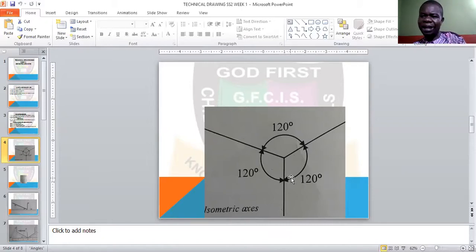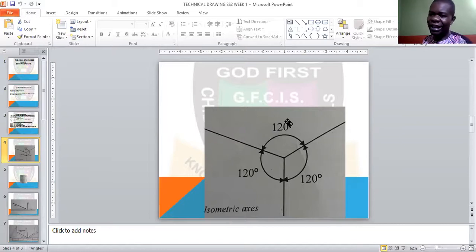Then 120 at the right plus 120 at the left will give you 240 degrees. If you take that away from angle at a point, mathematically 360, here will remain 120. So each angle that the sides make with each other is 120 degrees.